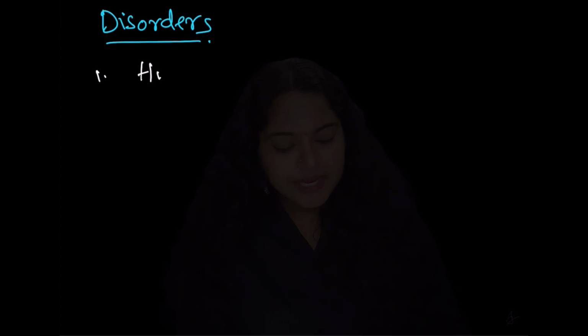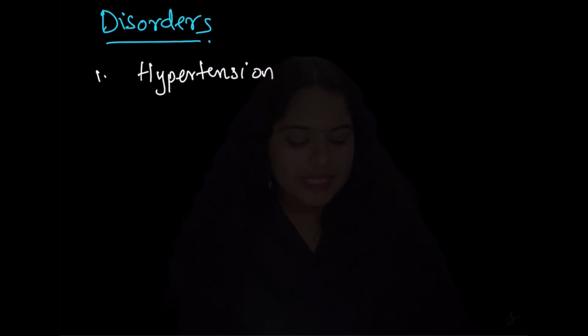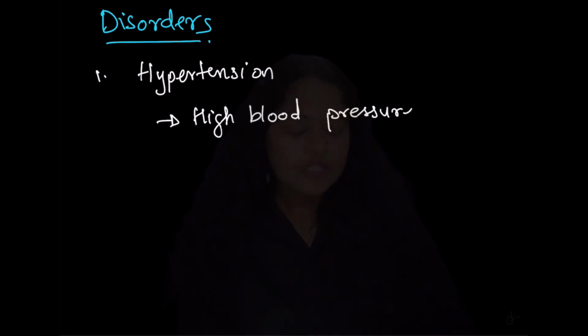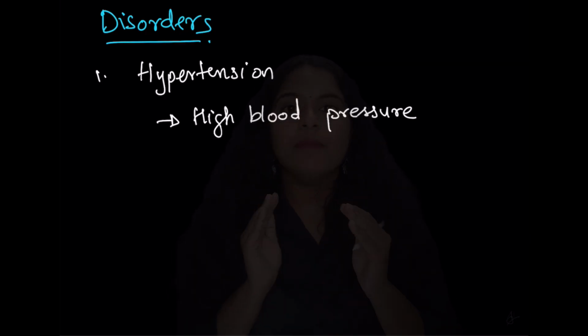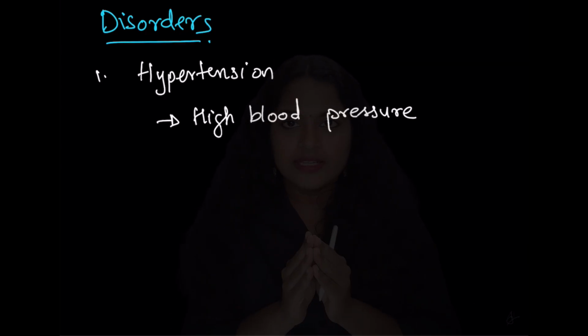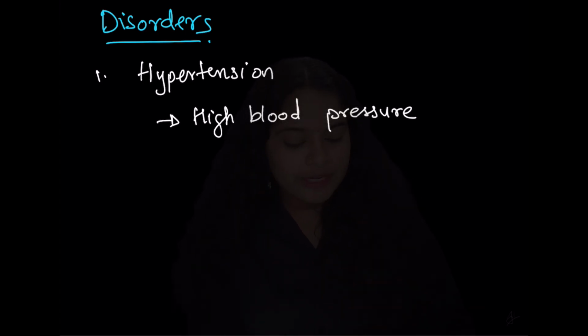Now moving on to the disorders related to the circulatory system. The first one is hypertension. It is nothing but high blood pressure. So what is blood pressure? Blood pressure is the pressure exerted by blood onto the walls of arteries. What is the normal blood pressure?